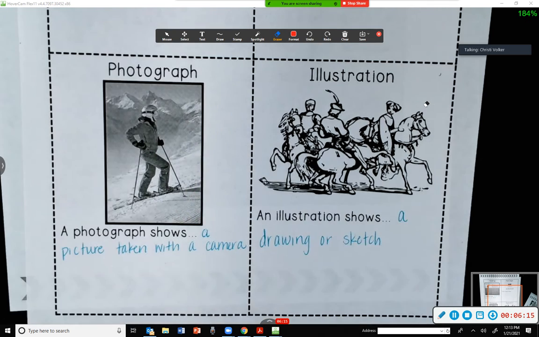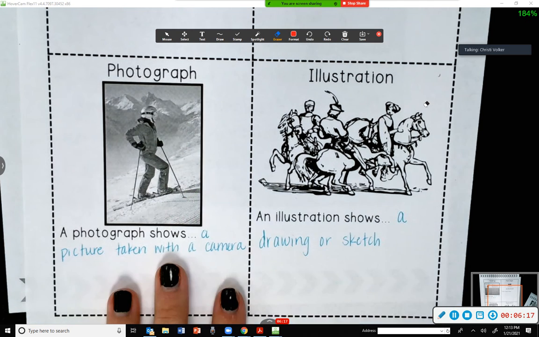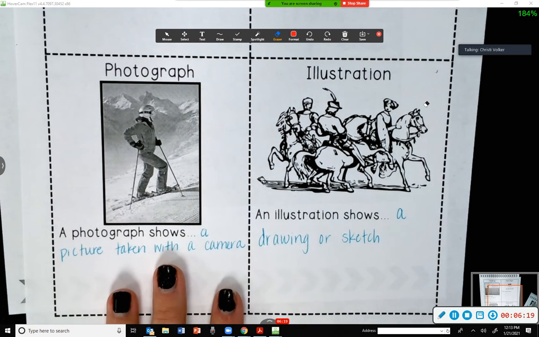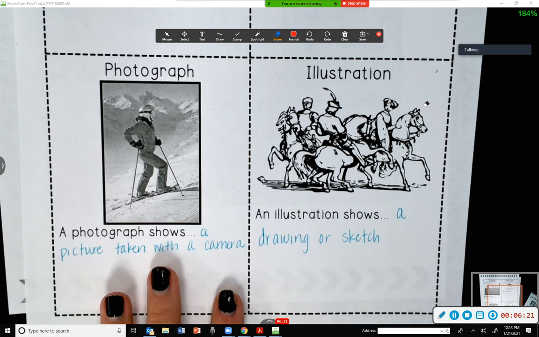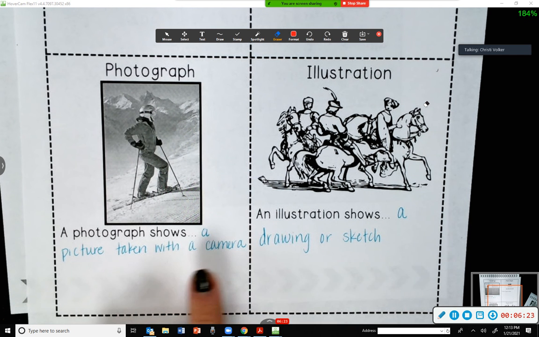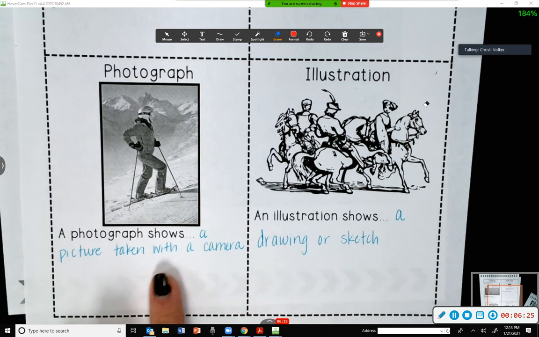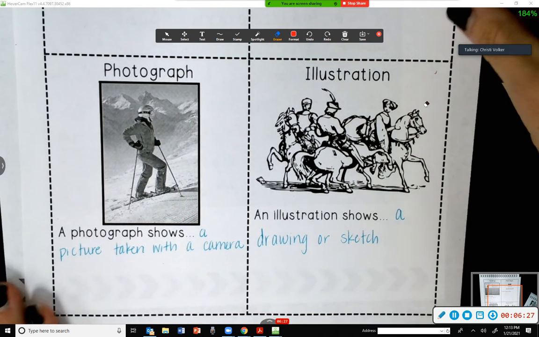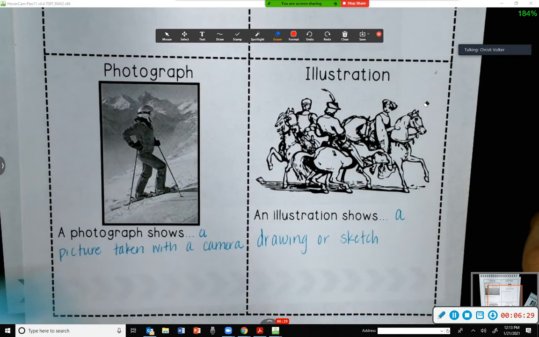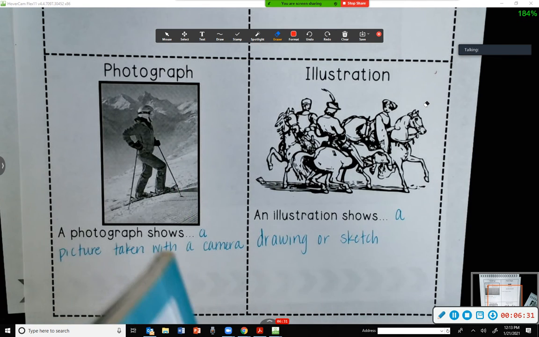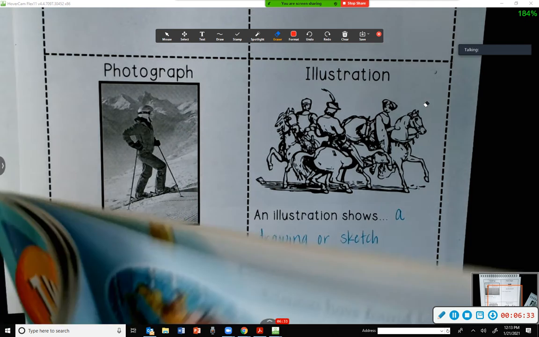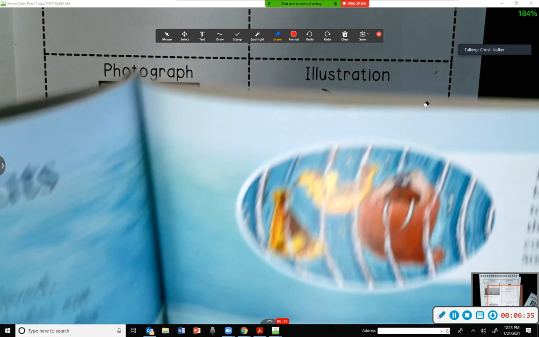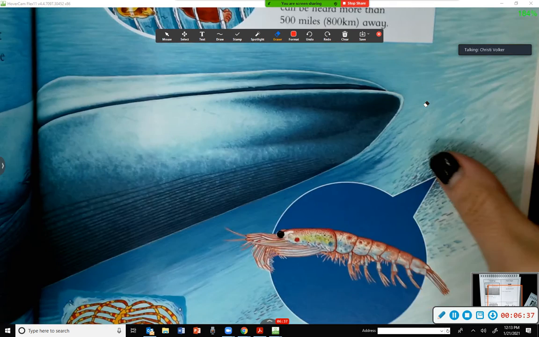Okay. So, do y'all know what the difference between these two are? One is hand drawn and one is with a camera. Okay. Let's see. So if you look back in our book, on this page, what do we see here?